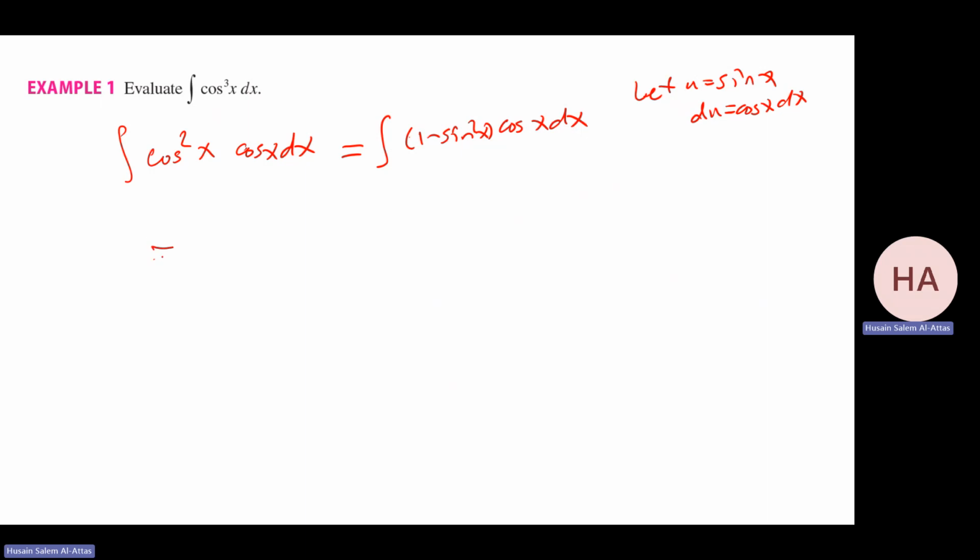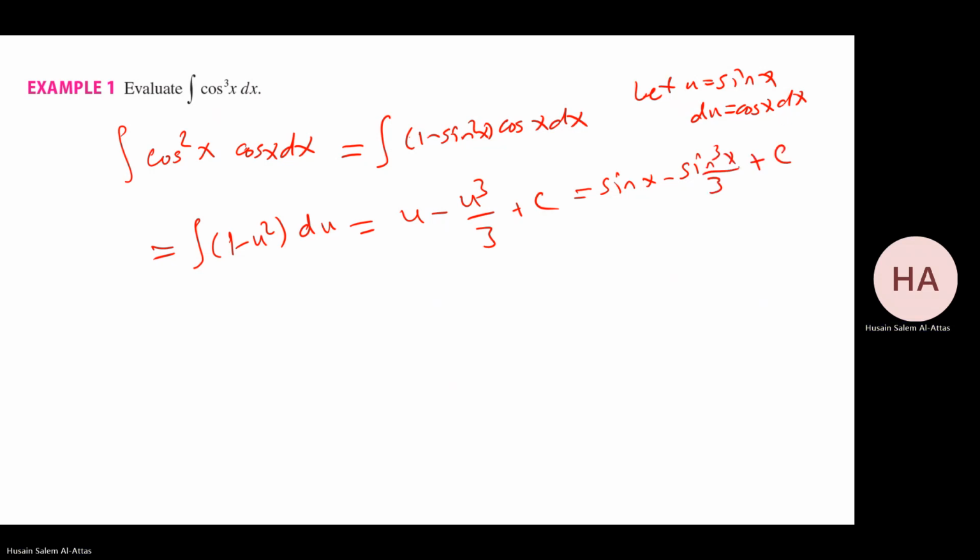So that will be 1 minus u squared du, and that will be u minus u cubed over 3 plus c, which is sine x minus sine cubed x over 3 plus c. Sine minus 1 over 3 sine cubed.